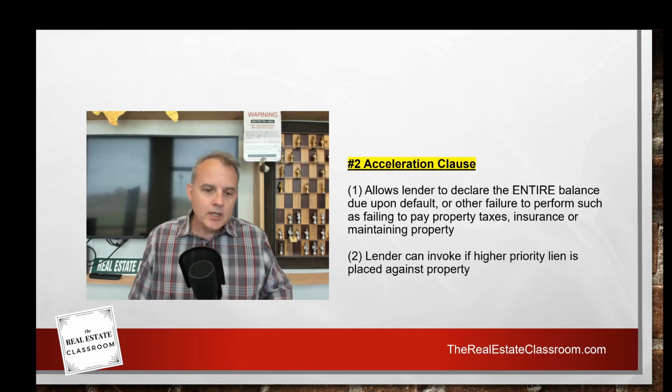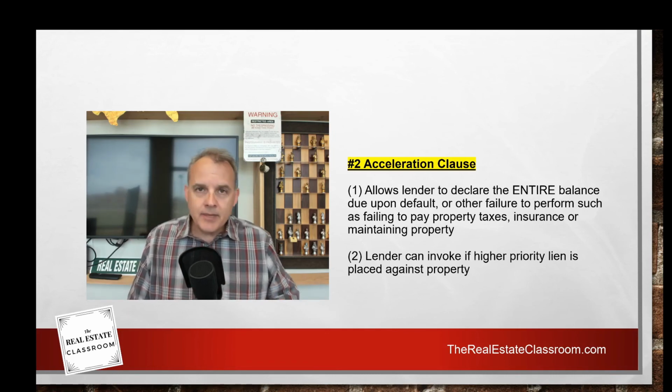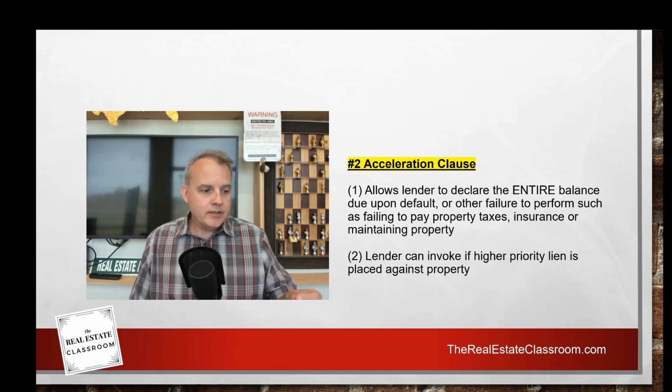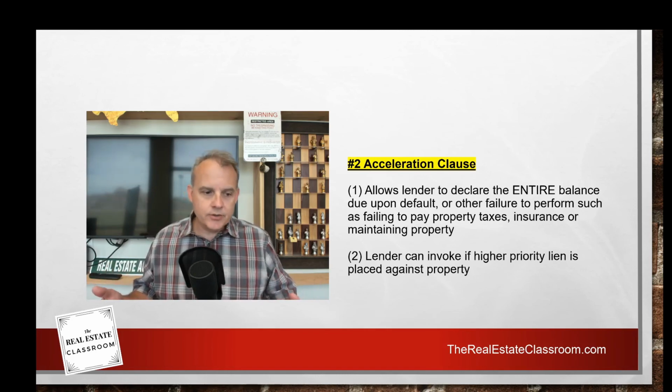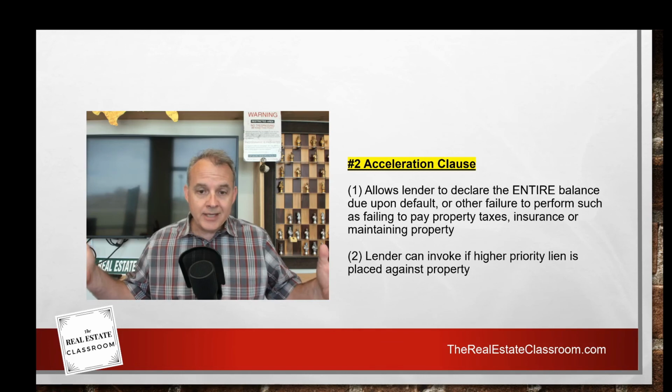So for example, let's say that the borrower has stopped making property tax payments, or they stop paying their homeowner's insurance, or they stop maintaining the property as far as material condition goes. All of those are triggers in which the lender can then accelerate the amount that's due and basically declare that the entire balance is due now.